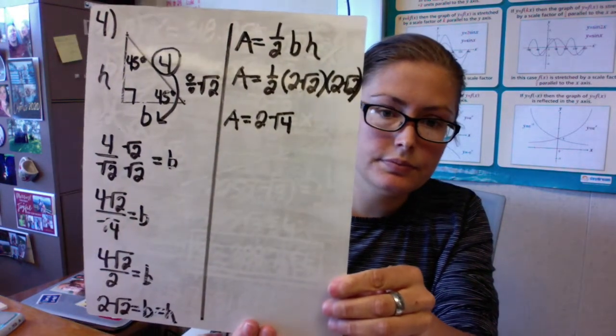So our area is equal to 2 radical 4, so our area is equal to 2 times 2.